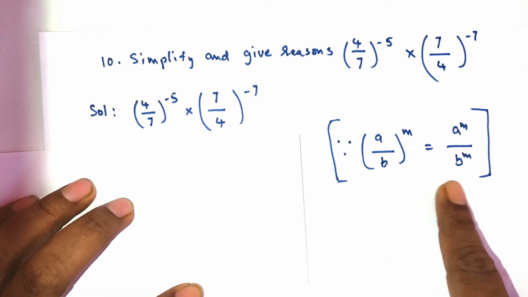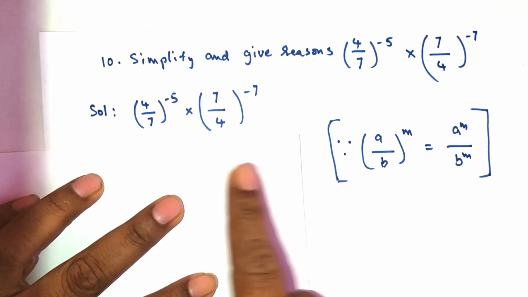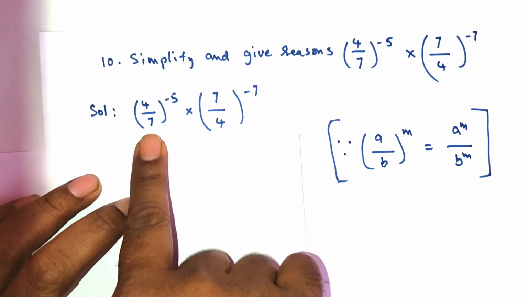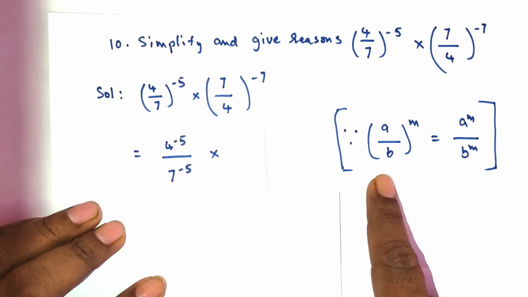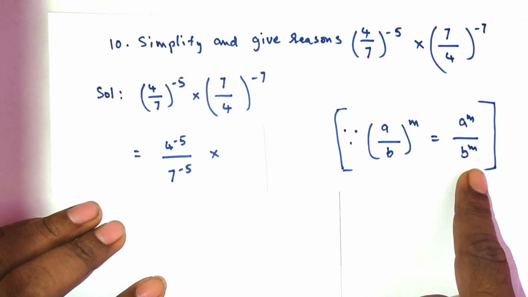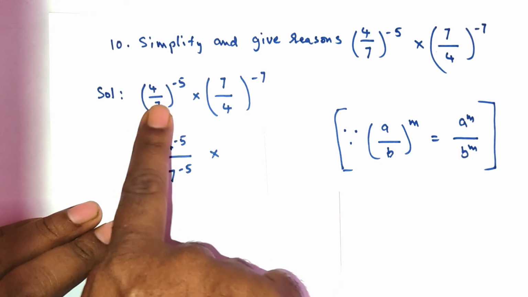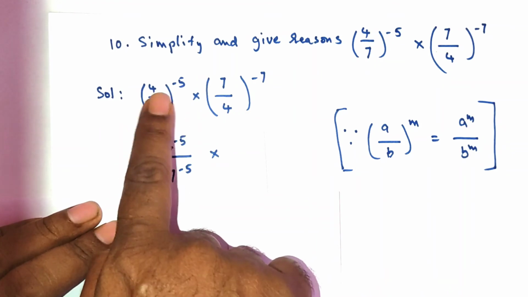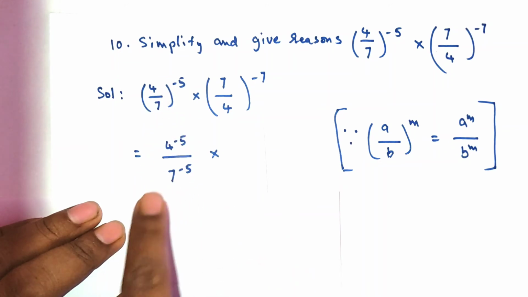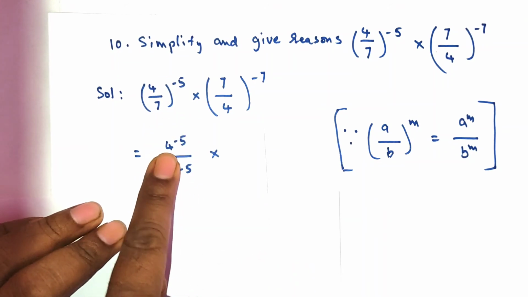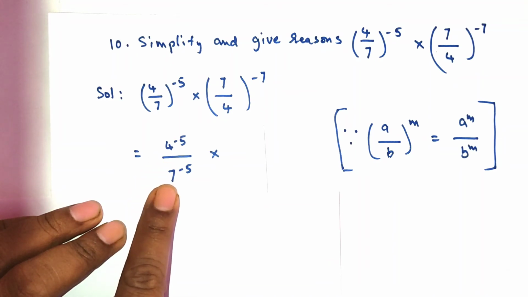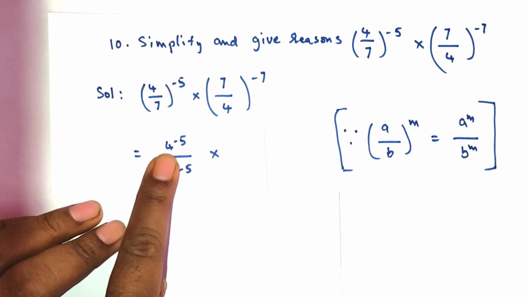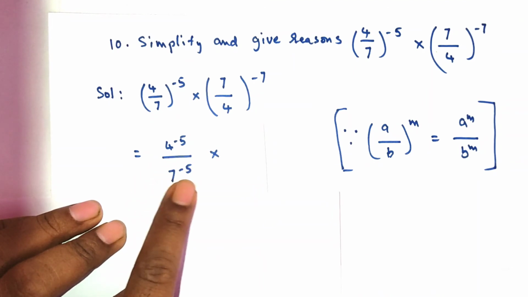By applying this law of exponents, let us simplify this equation. We simplified this part of the equation as below. We have given exponent to 4 and exponent to 7 separately. We got 4 to the power of minus 5 by 7 to the power of minus 5.